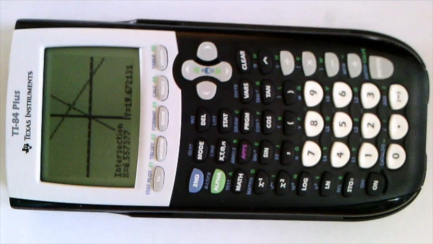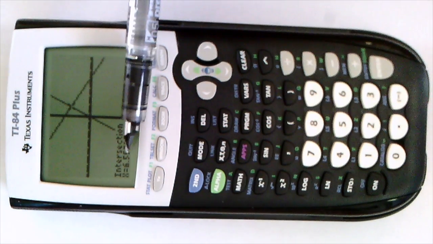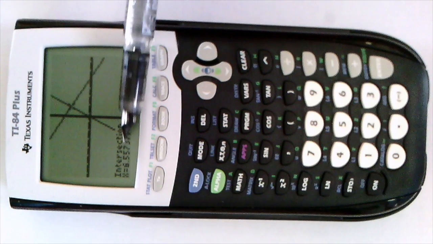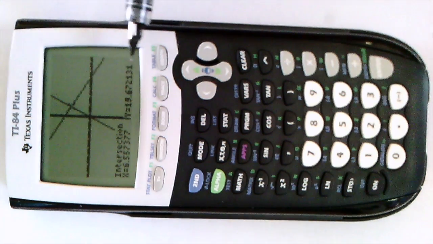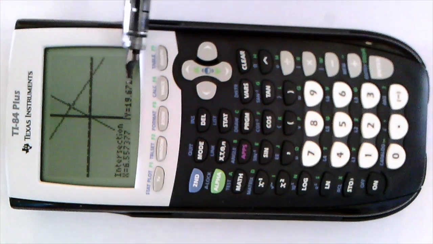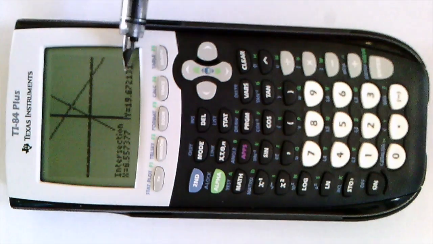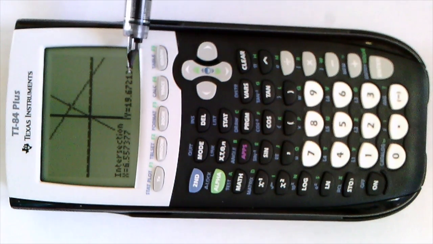So just like on Desmos, the x value is 6.557 and change, and the y value is 19.67 and change. So we get the same answer using Desmos and the calculator.